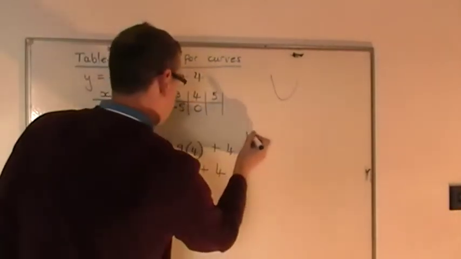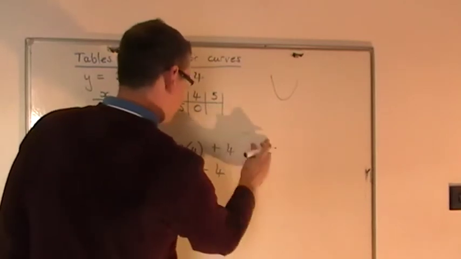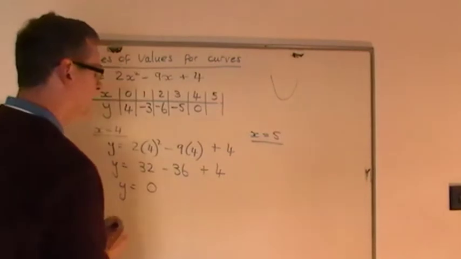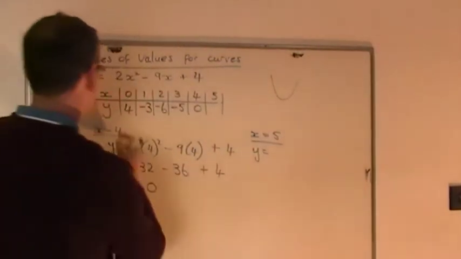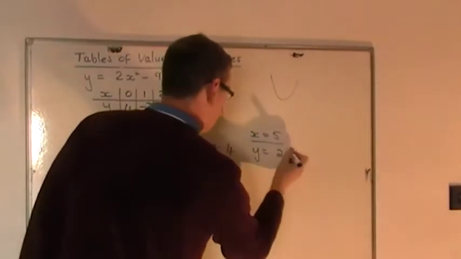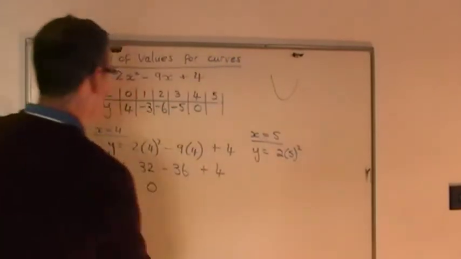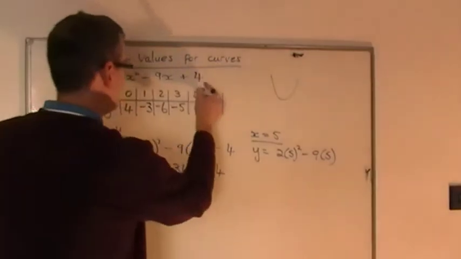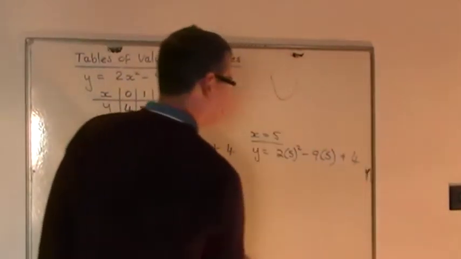And then finally, if x is equal to 5, the y value will be 2 lots of 5 squared, minus 9 lots of 5, plus 4.